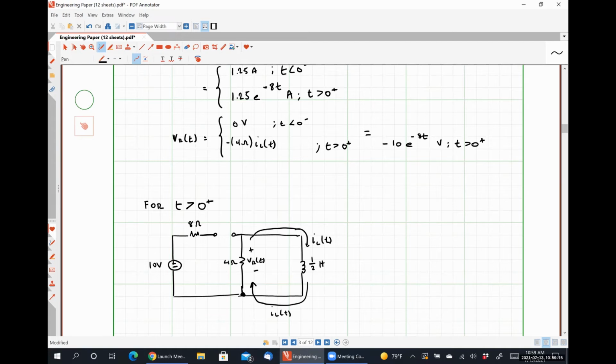Does that logic make sense? In order for Kirchhoff's current law and Kirchhoff's voltage law to be satisfied, our voltage VR of t has to have the same exact form as our current, meaning that our voltage needs to exponentially decay as well. If the voltage doesn't exponentially decay, and we try to apply Kirchhoff's voltage law and or Kirchhoff's current law, we would see that it breaks down.